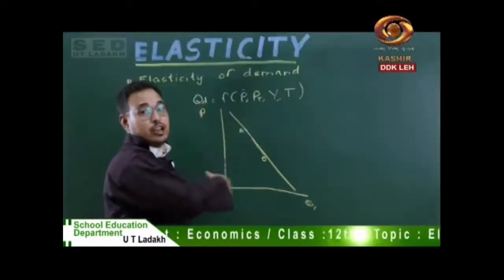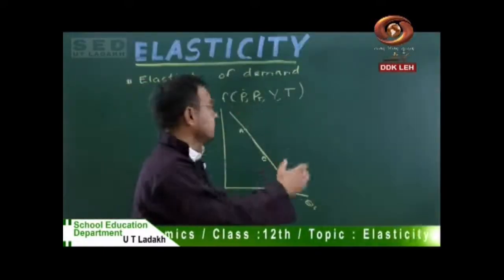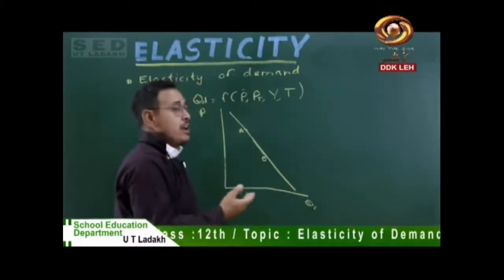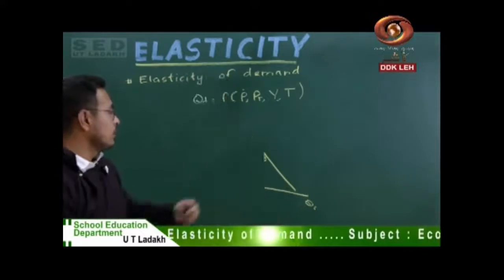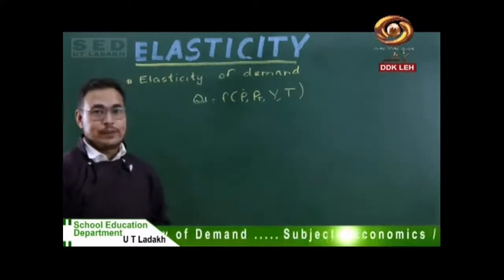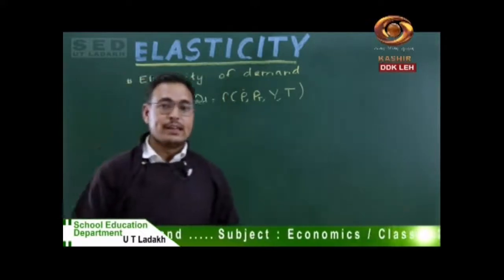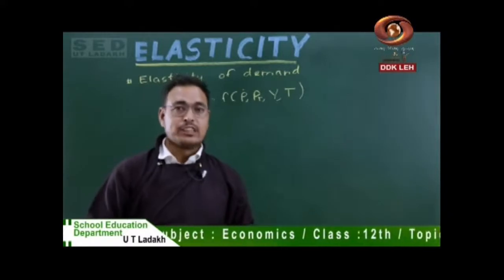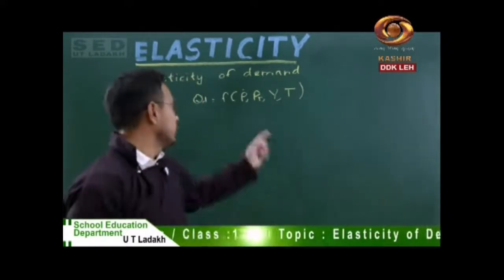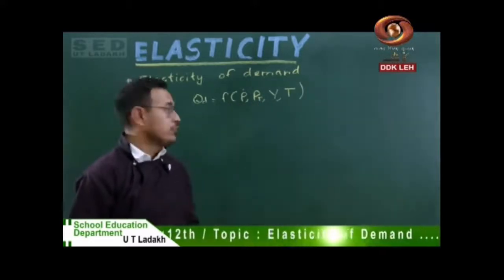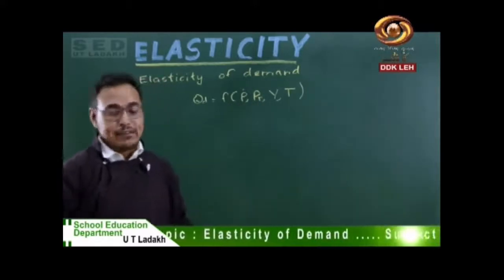For example, if income increases, your demand shifts. Similarly, price of related goods and your taste and preferences have the same kind of behavior. So elasticity will be defined as the degree of responsiveness of demand due to its determinants, which are price, price of related goods, income, taste, and preferences.